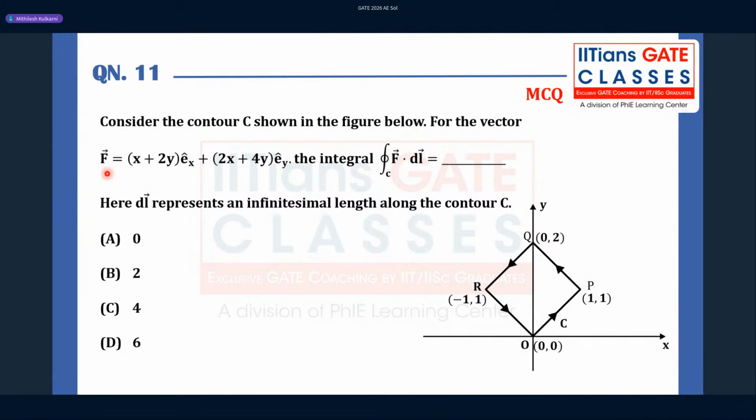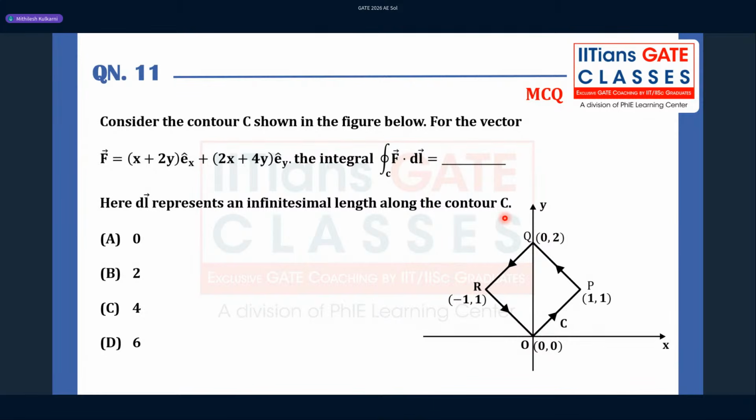For the vector f bar, which is (x plus 2y) i plus (2x plus 4y) j, the integral of f bar dot dl bar, or you can also consider it as f bar dot dr bar, is equal to what? Here dl bar represents the infinitesimal length along the contour C.